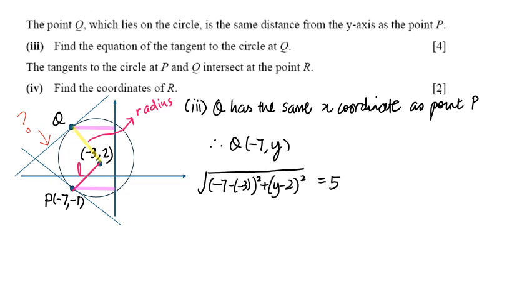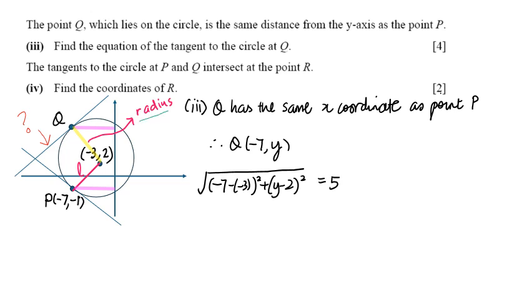But they have the same x coordinate, so I can just use the distance formula to find the radius, because in part 1, I've already found the radius to be 5 units, right? The one I highlighted for you, this one.